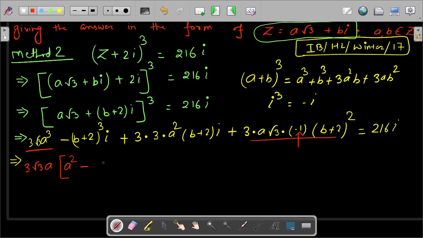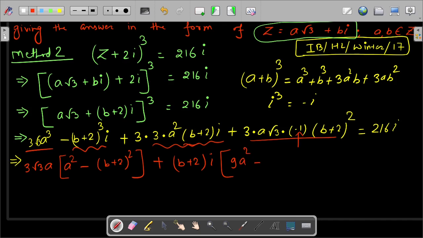So this will be minus (b + 2) whole square. Plus, this is the imaginary term and this is my imaginary term. Is there anything common? Yes, (b + 2)i is common. So when you take (b + 2)i common, this term gives 9a square minus (b + 2) whole square. This should be equal to 216i.